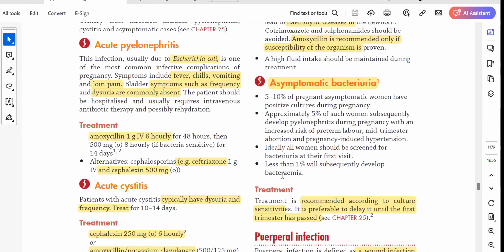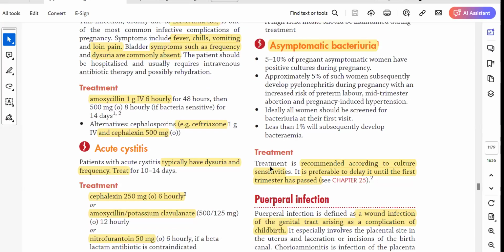There is a condition called asymptomatic bacteriuria. Asymptomatic bacteriuria means that the patient doesn't have any symptoms, but when you have done a urine microscopy and culture, you have found the patient has an organism. That means in the urine there is a bug, but the patient doesn't have any symptom.